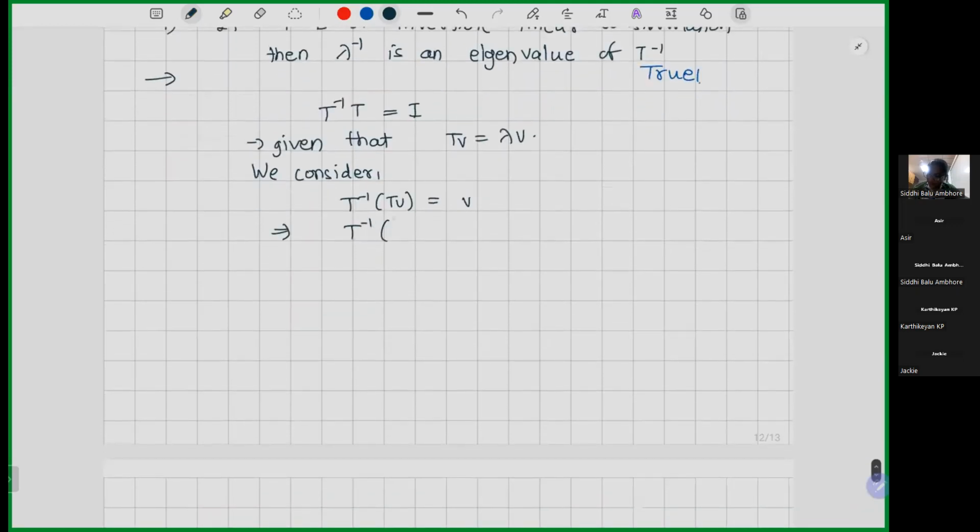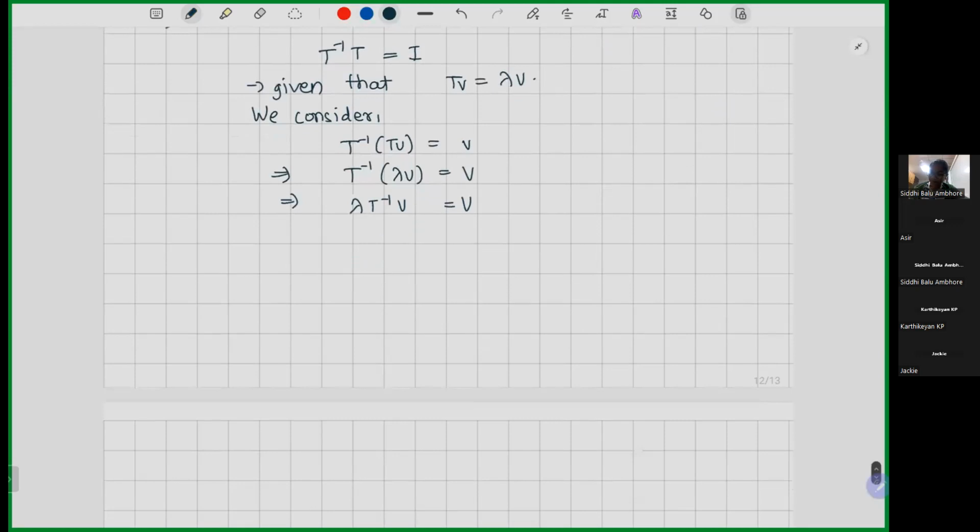Then T inverse Tv is T inverse of lambda v, which is equal to v. Since T inverse is a linear transformation, T inverse v is 1 by lambda v.